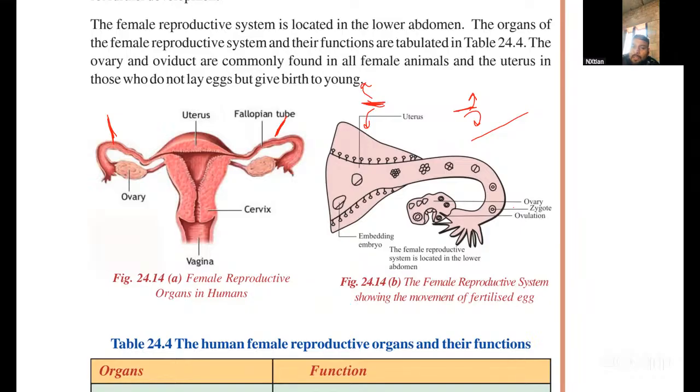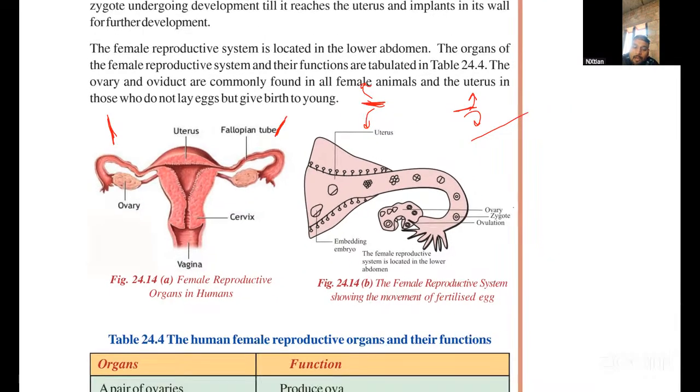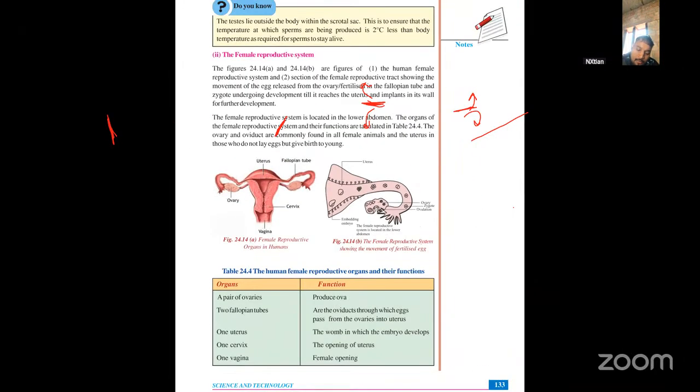The ova will be absorbed in the ovary or the fallopian tube, but the uterine wall will break and come out during the menstruation cycle, while the ova will not come out of the female body.